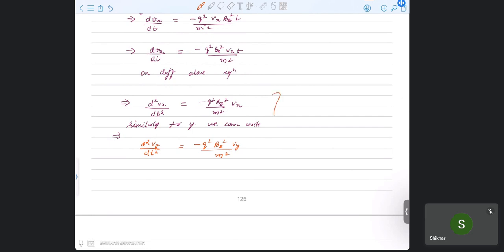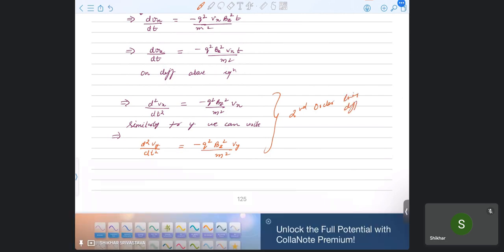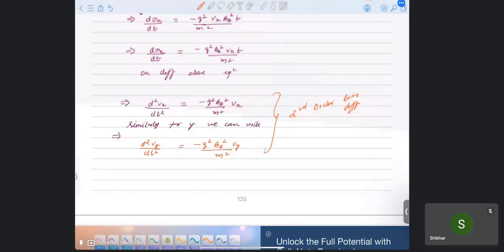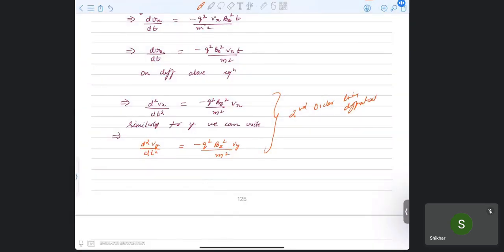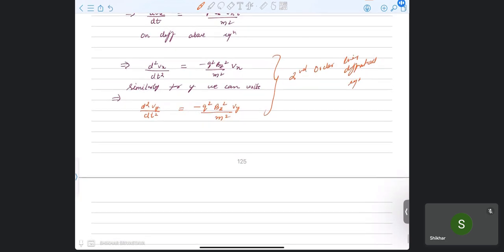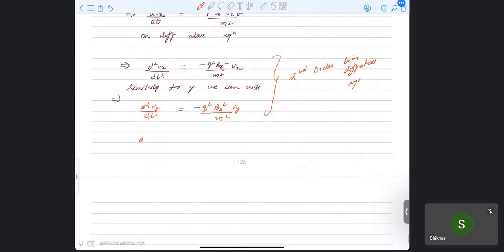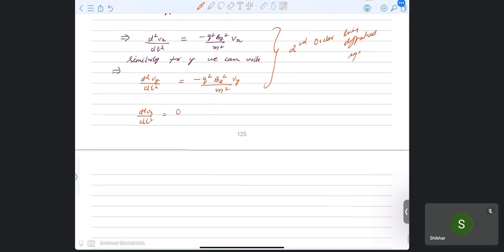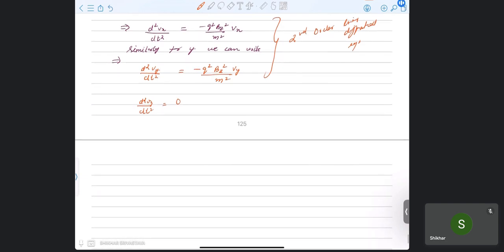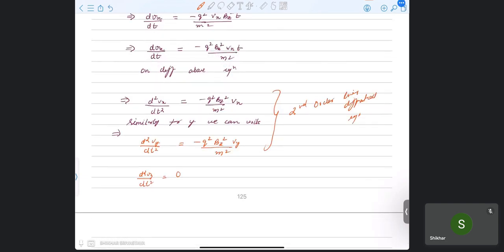So these two are second order linear differential equations. Since these are harmonic equations, it is very easy to know that some sort of oscillations will be there, and we know that d2 vz by dt square is equal to 0. So no acceleration in z direction. So these equations represent the trajectory of the particle.